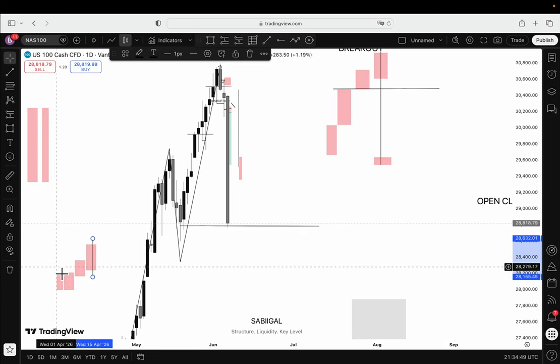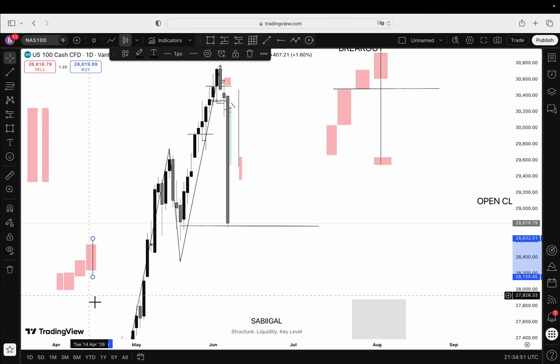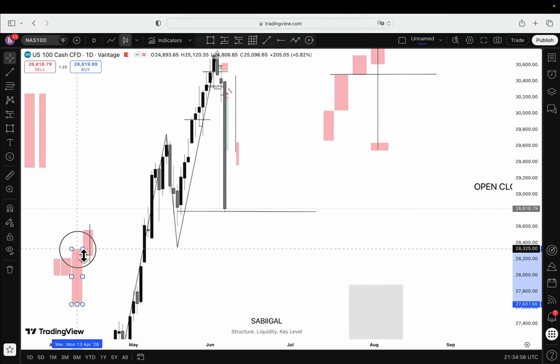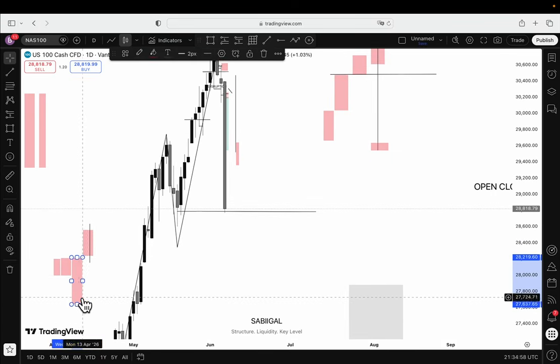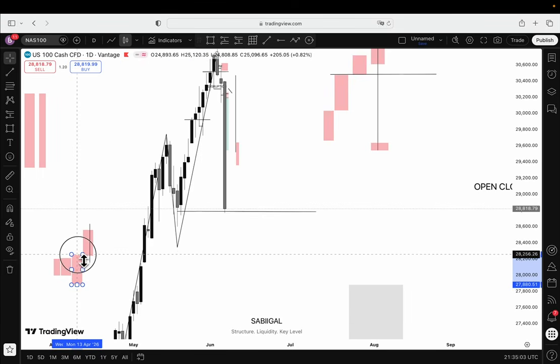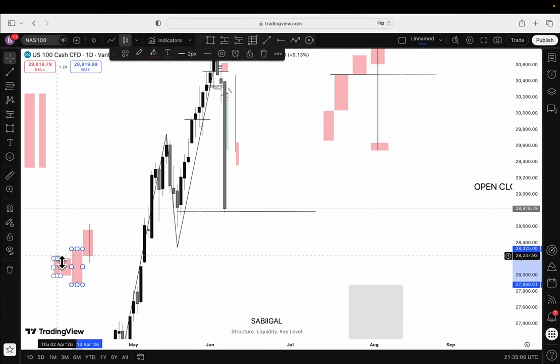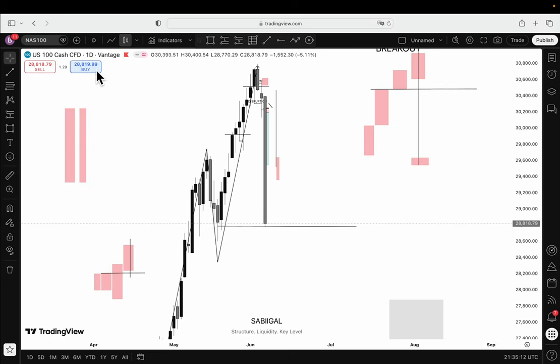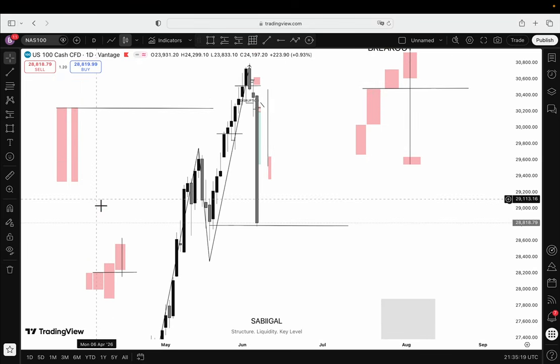You have a rejection here on the 4 hours, for instance, but the breakout is far. These kinds of trades are considered low probability, and your target should be price going to this breakout.